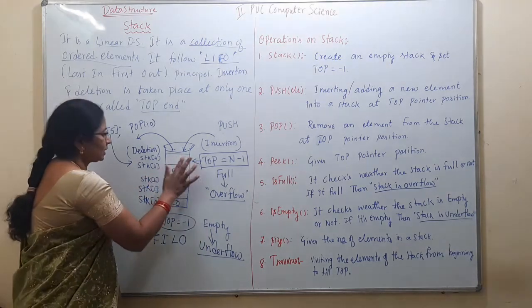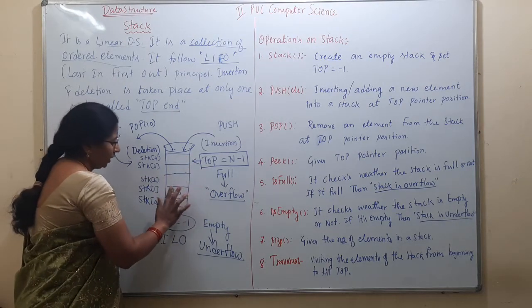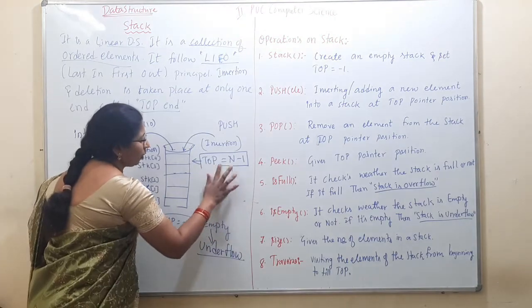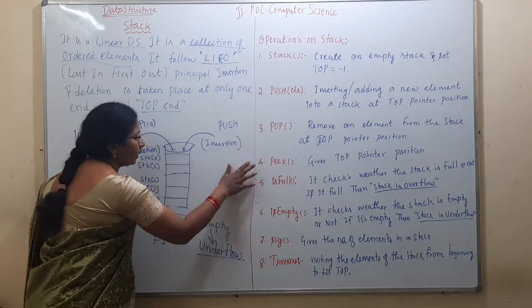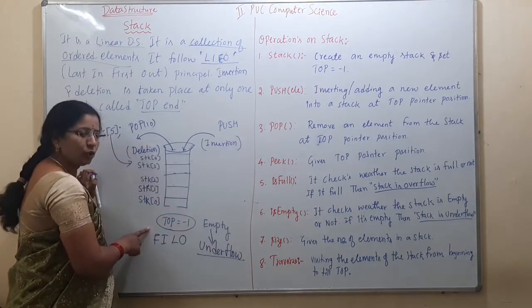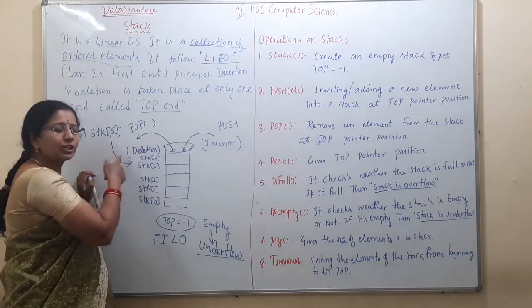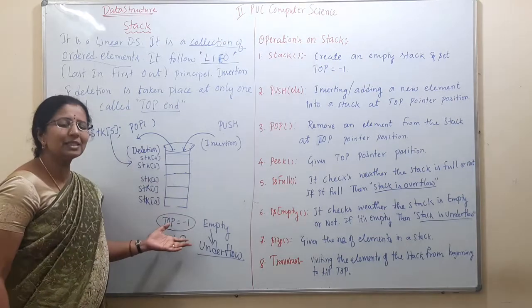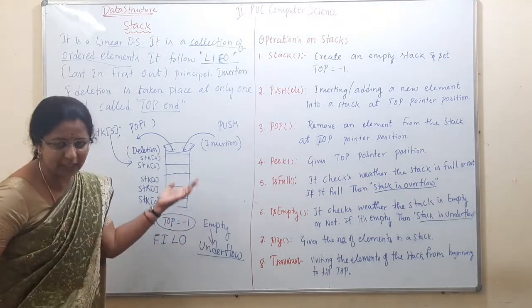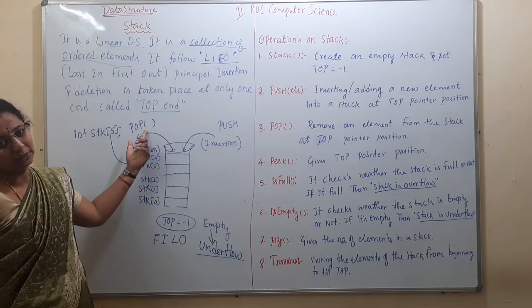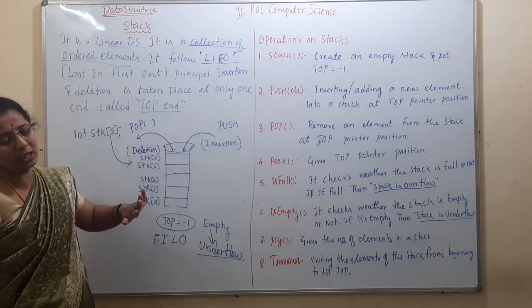Suppose the elements are not there. Then the stack top pointer is set to -1. Is it possible to do a pop operation? No. When the elements are not there, the stack is empty, and pop cannot be done.